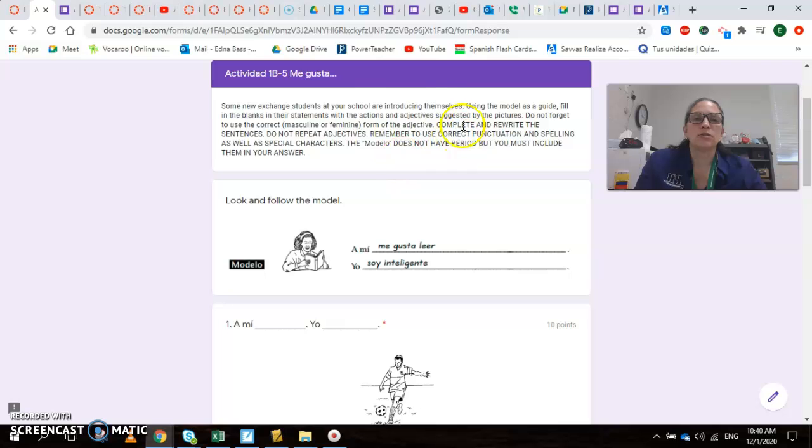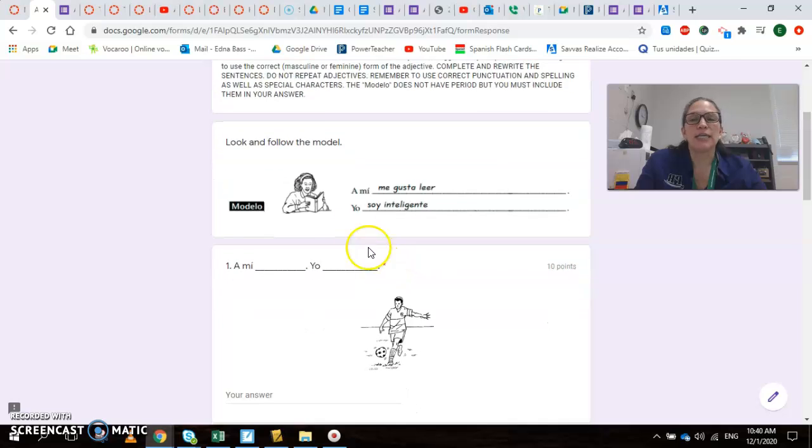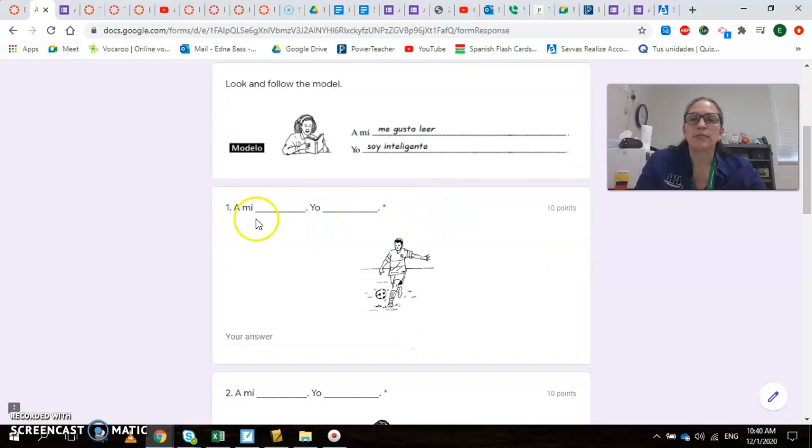And the next one has the instruction here. Same thing, be careful to put this in capital letters, so you read, complete, and rewrite the sentences. Rewrite. You see, in the example, it's showing you, a mí me gusta leer, yo soy inteligente. Now, in this one, I put a mí, and notice that I put a period there because we're rewriting the whole thing.